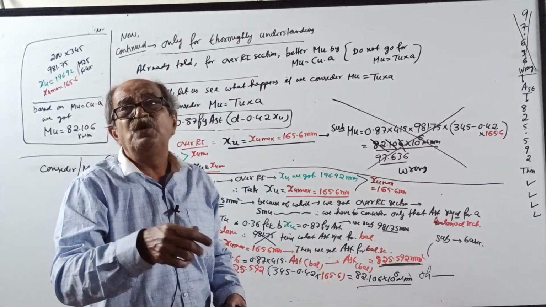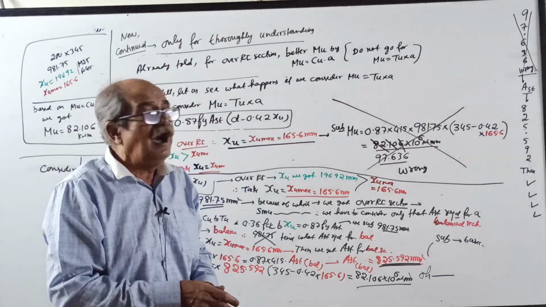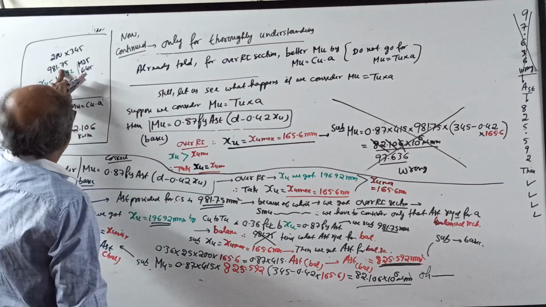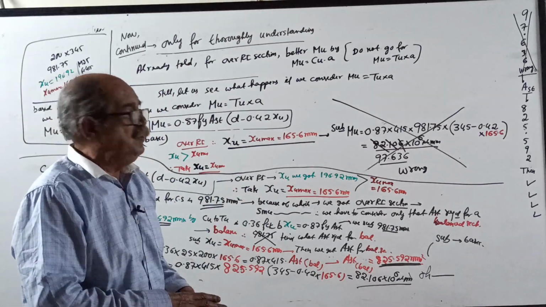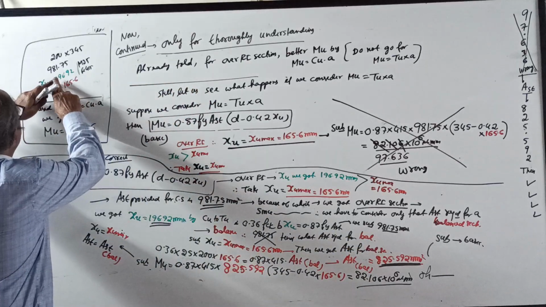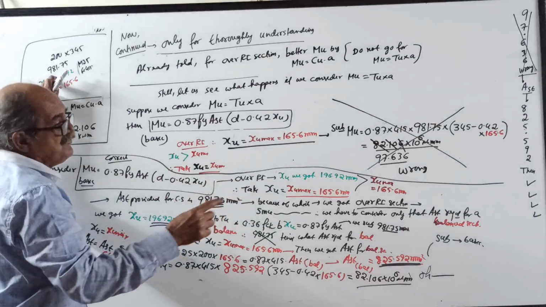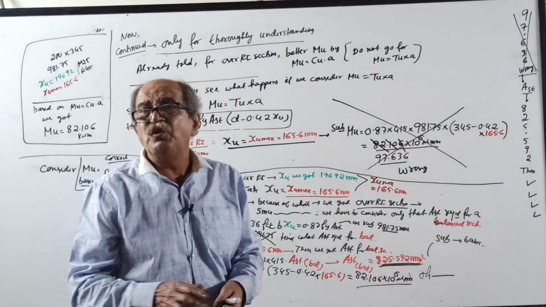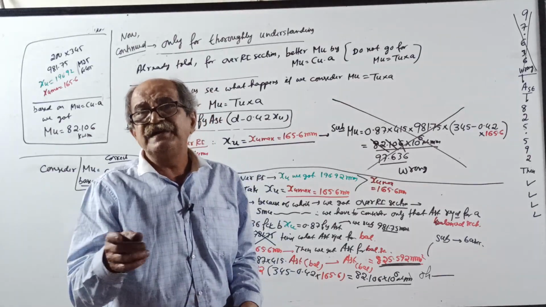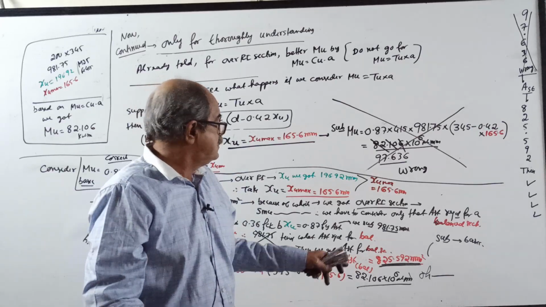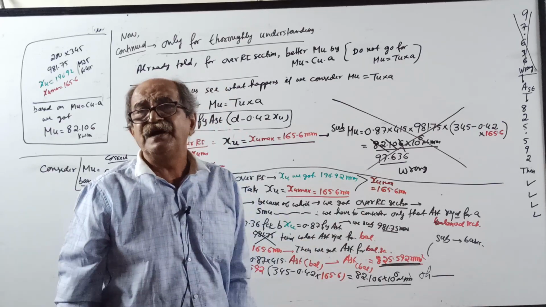Even though available steel is 981, for strength you are considering only 825. Like in the pocket, you have 981 rupees, but you are spending only 825 rupees. Safe, no doubt. IS code wants strength to be limited to balanced section.